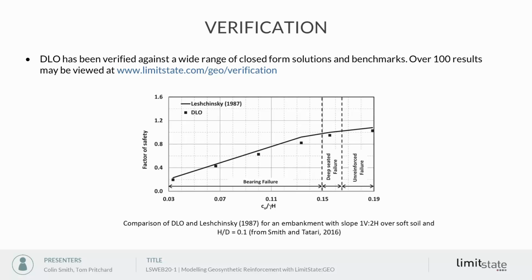You can look at them at LimitState.com/geo/verification. Just one graph here showing a reinforced embankment problem comparing results of DLO to results in the literature, and we get a good match generally for most of these comparisons.